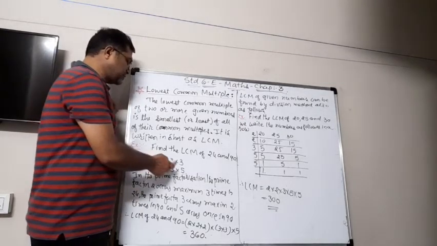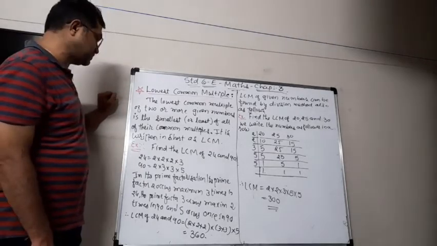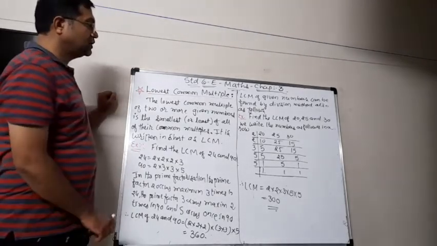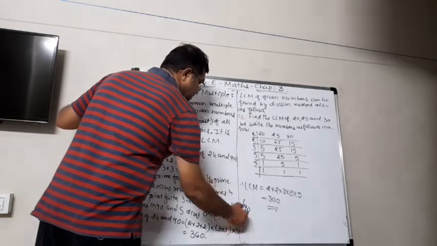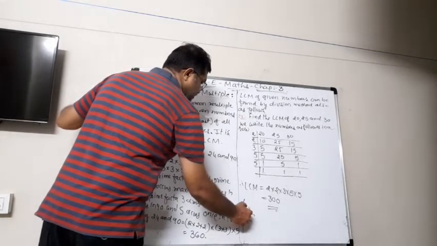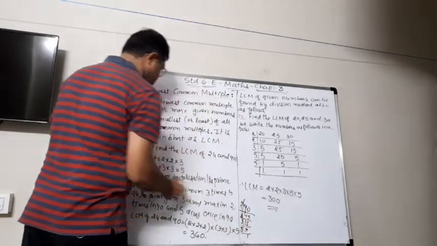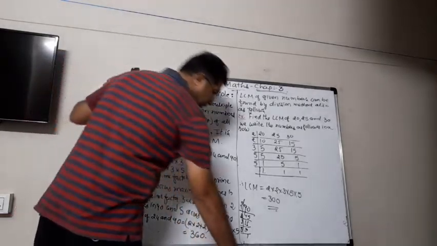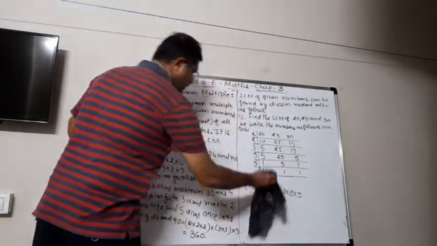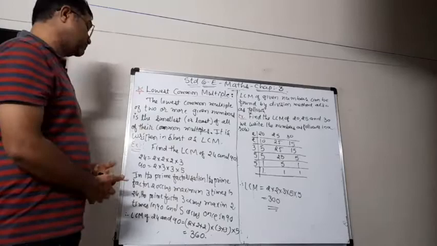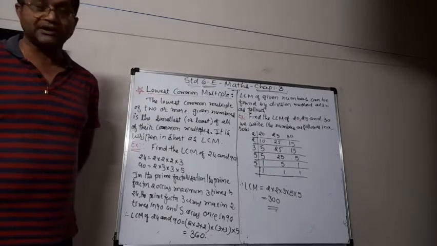And the prime factorization of 90: if you don't remember, you can use the method we already learned. 90, divide by 2, 45, divide by 3, 15, divide by 3, 5, and 5, 1. So you get 2 into 3 into 3 into 5. If it is a smaller number, you can directly write it down, or you can use the method of division as we already learned.